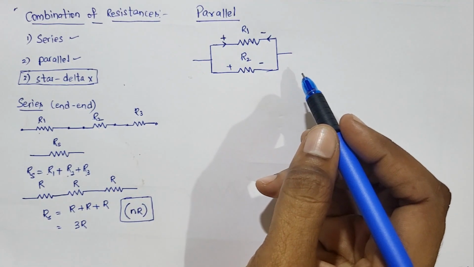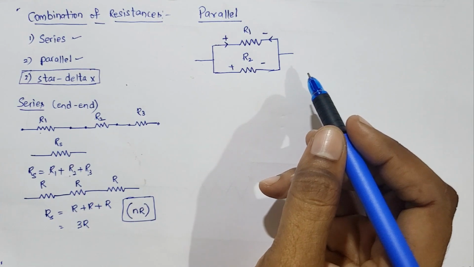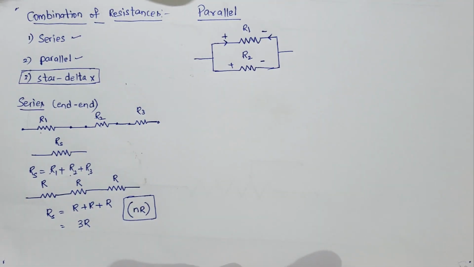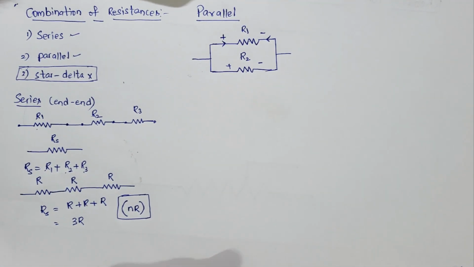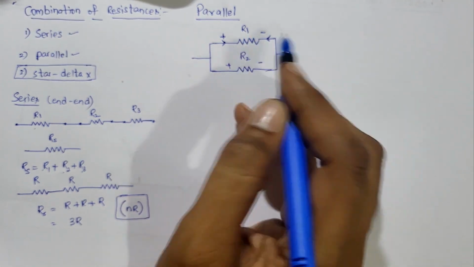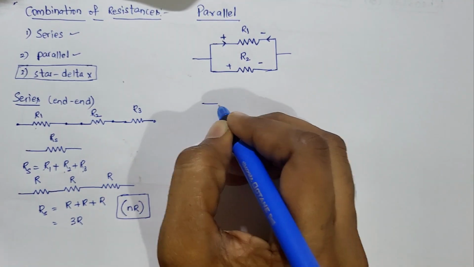So, how to find the equivalent resistance of a parallel combination? There is a formula.